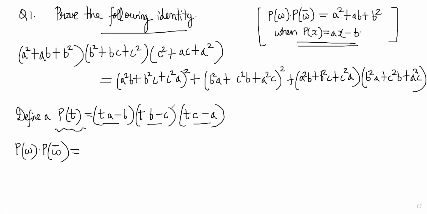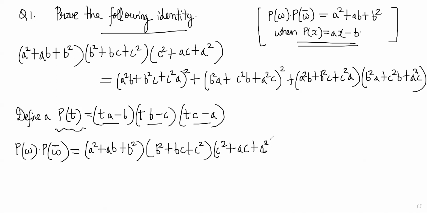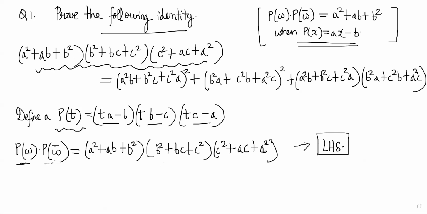So it is ta minus b, tb minus c, and tc minus a. So the product here should become (a square plus ab plus b square)(b square plus bc plus c square)(c square plus ac plus a square), right? Which is the left hand side of the thing that we want to prove. So basically we have the left hand side equal to p of w times p of w conjugate, right?